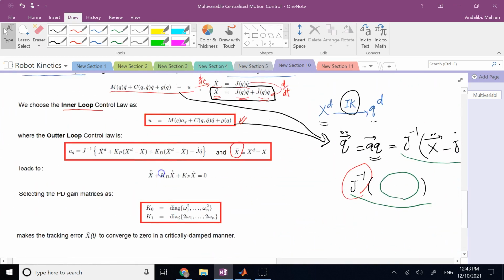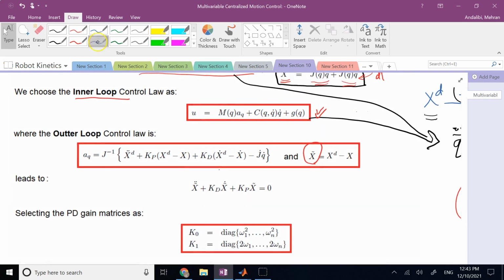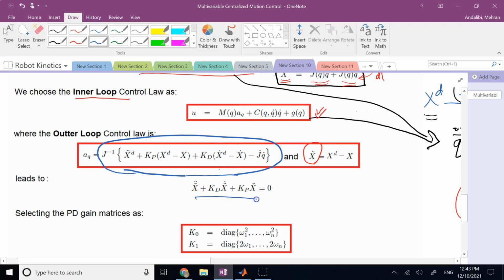That's why you will get this guy that you see down here. So hopefully it's clear why we chose AQ the way we did, just to cancel out the terms from the left and right hand side and end up with this simple equation that everybody knows where it converges to.